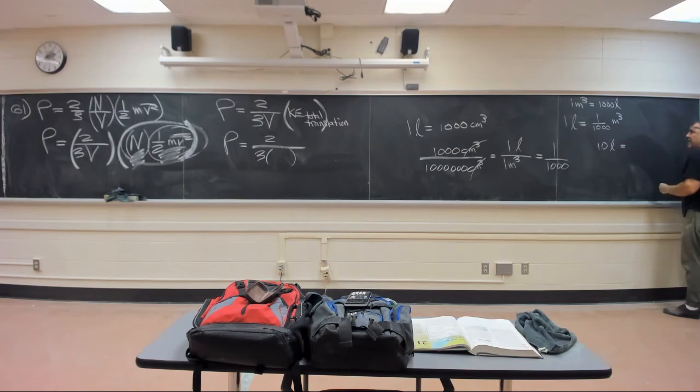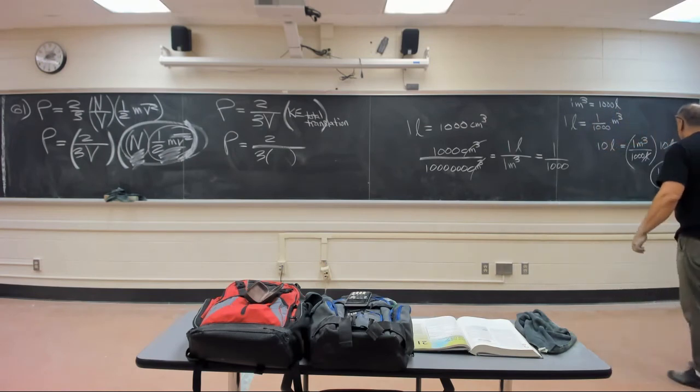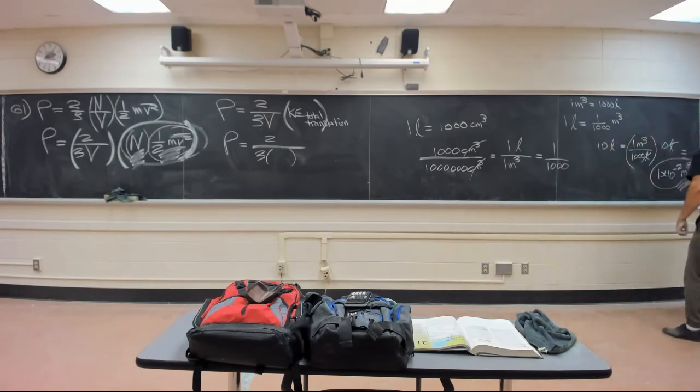Every cubic meter is 1,000 liters. And if you got 10 liters, that's 1 times 10 to the negative 2, and that's where they're getting that. There's 10 of them, right, 1 times 10 to the negative 2.